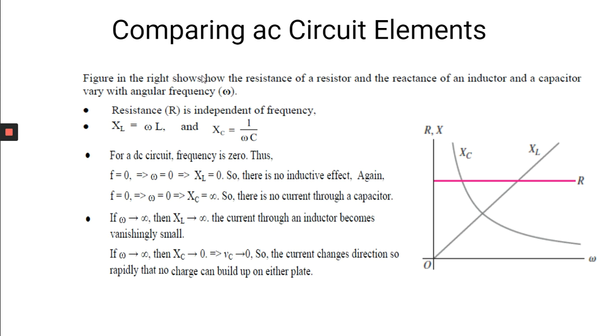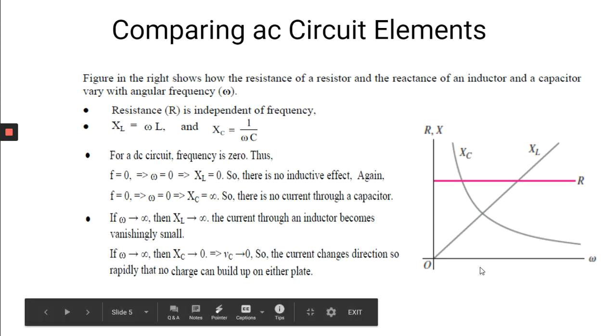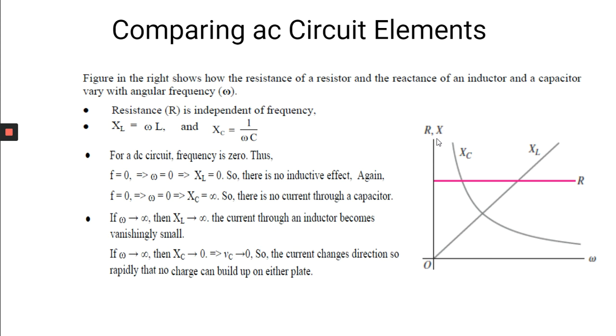Before that, let us compare the AC circuit elements, that is, the resistor, inductor and capacitor. Here omega is on the x-axis. This is a graph of omega versus R, and a term written as X. X stands for reactance and R for resistance.